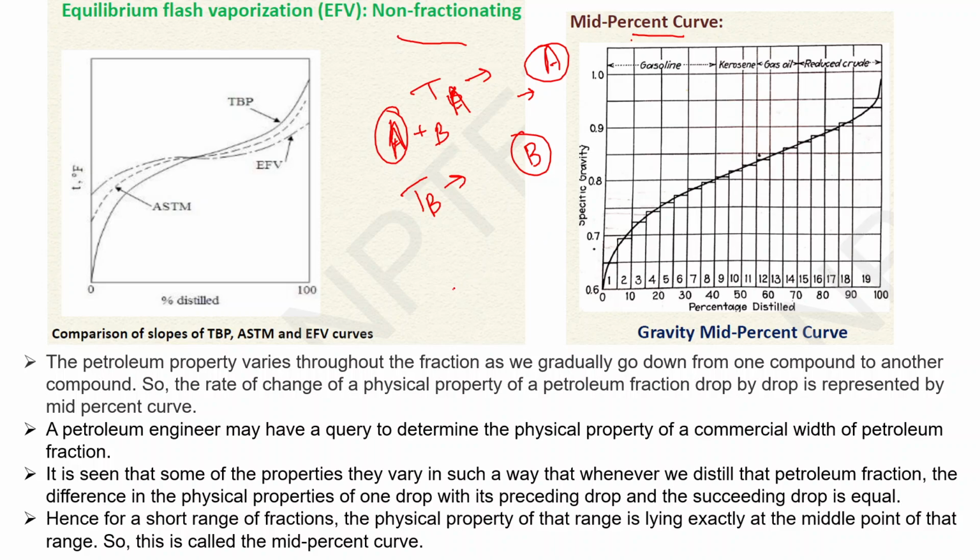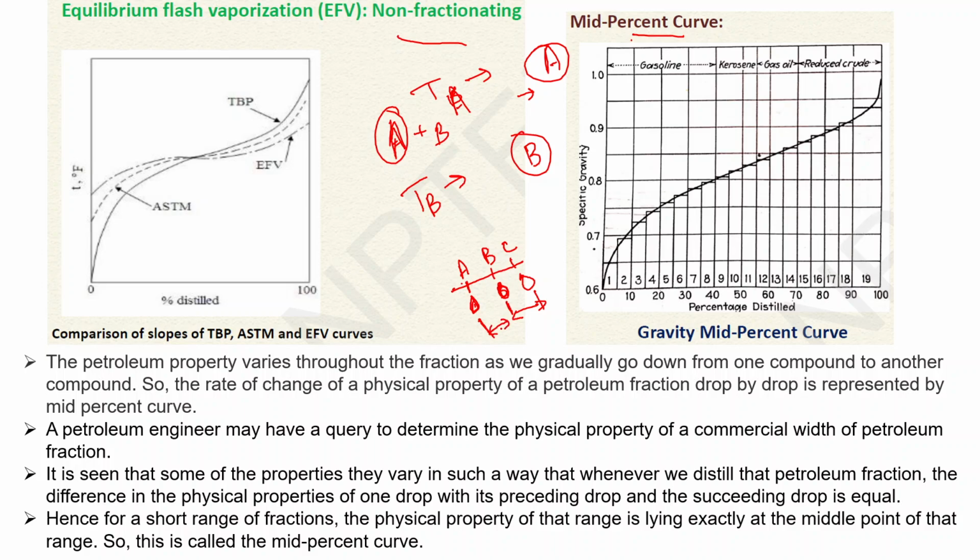Suppose you are heating a petroleum fraction, and one drop condenses at this point, another drop condenses at this point, and a third drop condenses at this point. We can say that the difference in the physical property of this droplet in comparison to this and this is very small.